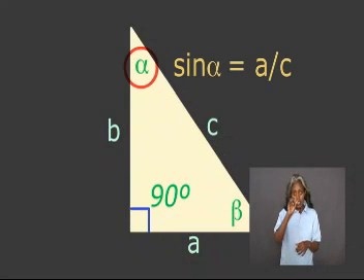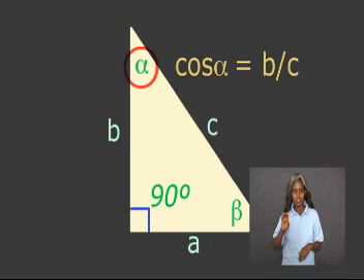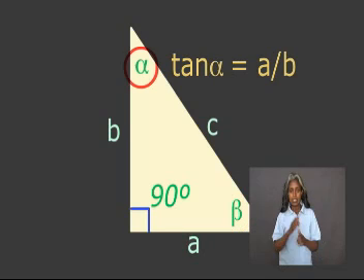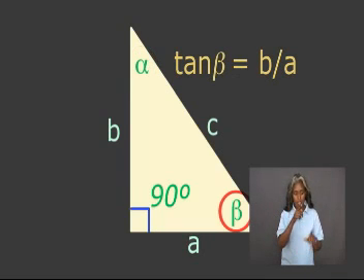The sine of angle alpha is side A over side C. The sine of angle beta is B over C. The cosine of angle alpha is B over C. The cosine of angle beta is A over C. The tangent of angle alpha is A over B, and the tangent of angle beta is B over A.